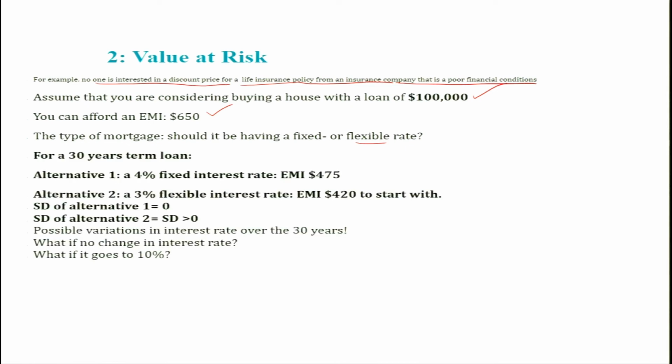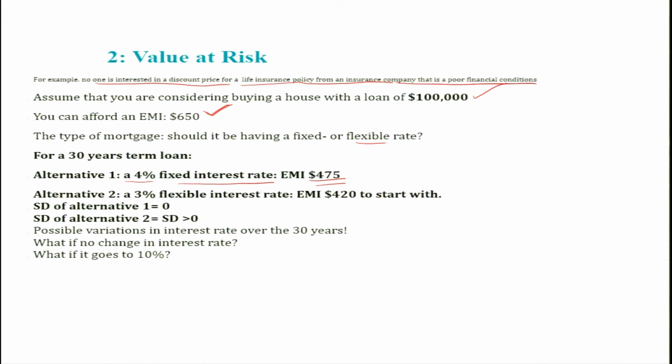One alternative is a fixed interest rate of 4%, where the EMI comes to 475. That is a monthly payment of 475, which is within this person's budget, since the maximum he can afford is 650.